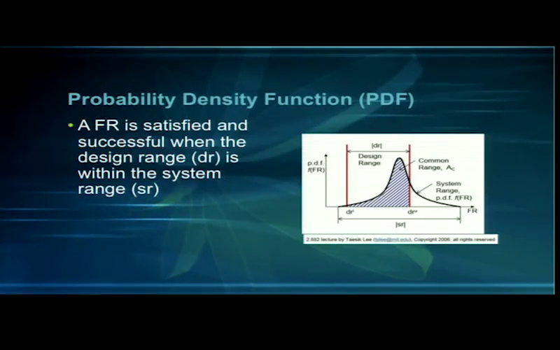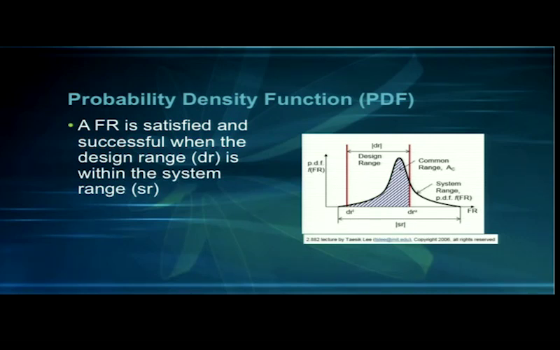Okay. So let's say I've got an automobile in the shop, and I'm trying to soup it up. I want to add 100 horsepower to it, right? And if I drew that PDF, I know that since my objective is 450 horsepower and it's not there now, what I've got designed right now is not within the system range, because my functional requirement says it needs to be at 450 horsepower.